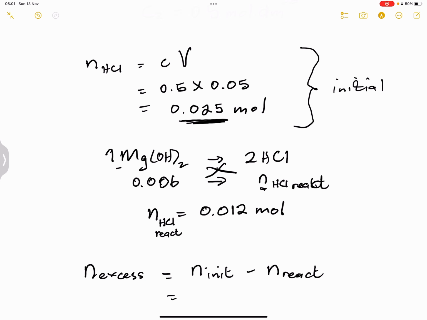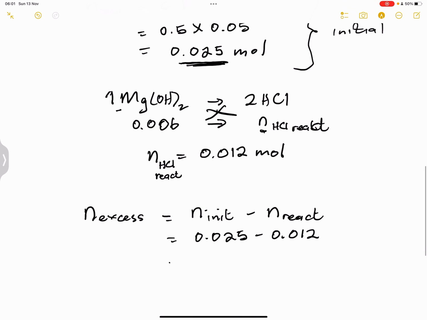So you've got 0.025 minus 0.012, and of course the difference between that would give me 0.013 moles, right?